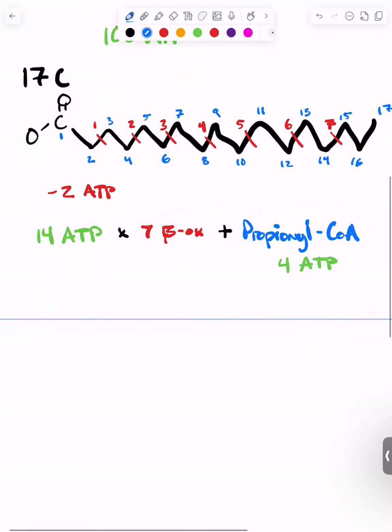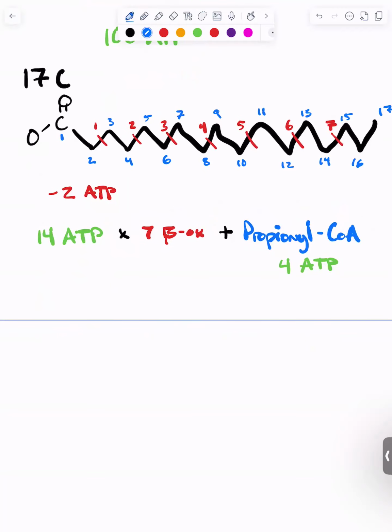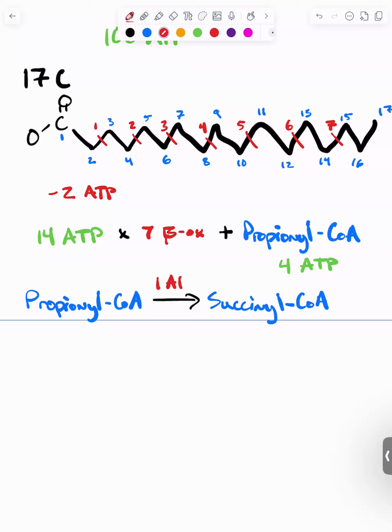So the process for propionyl-CoA is to take this and convert it into a familiar thing you'll recognize, succinyl-CoA, at the expense of 1 ATP. So we use an ATP to convert propionyl-CoA into succinyl-CoA.